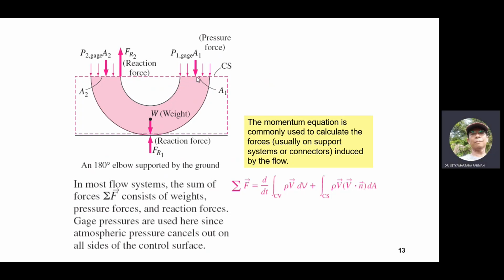So this control surface will have the width. Here we see it as two-dimensional. It means the control surface will have one unit in the perpendicular direction, so it becomes the control volume, having the width W. And of course, since this is the ground, the ground will give the reaction force FR1.